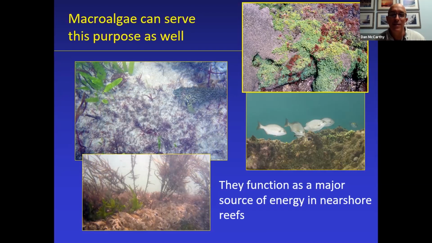Now, this is not as extensive as that, but on a smaller scale, it does provide important shelter to organisms. Another important aspect of macroalgae is that they function as a major source of energy for these nearshore reefs. They photosynthesize and take energy from the sun, and that's transferred by the animals that eat the macroalgae to other animals.